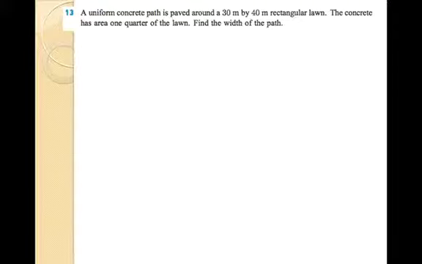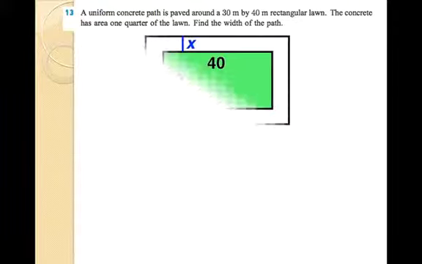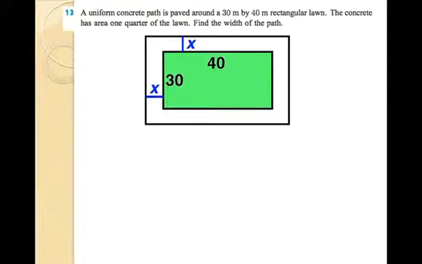Pause. Okay, let's see if your picture looks like mine. So it says I have a 30 by 40 meter rectangular lawn. I've been watering it and it's nice and green, and so there's my rectangular lawn, and I'm going to sadly make a concrete path that goes around my lawn, and it says it's uniform, so that means it's the same width all the way around.